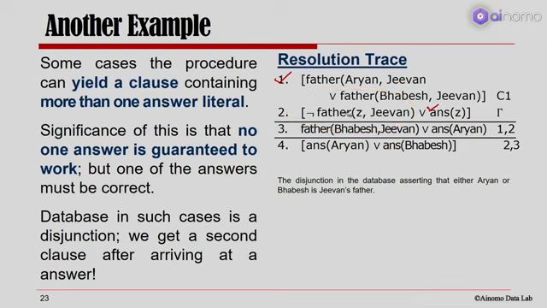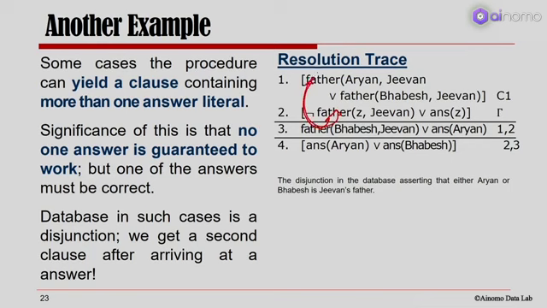Now, given such a scenario where I have a disjunction, I can always get a second clause. Let us say what we mean by a second clause after arriving at an answer. If you resolve 1 and 2, then you could see that here Aryan would be substituted for Z and these would go away.